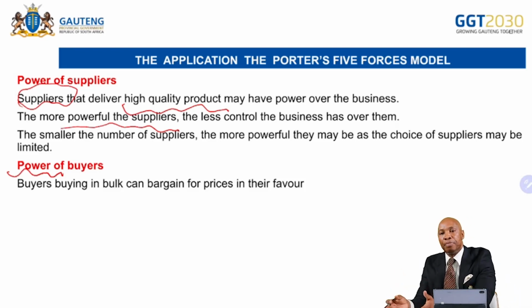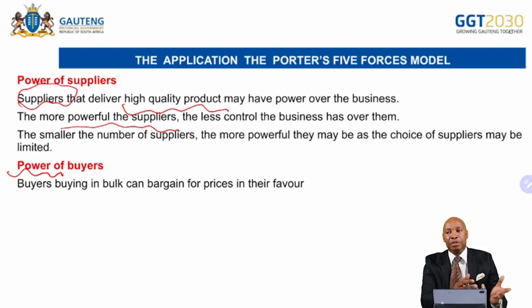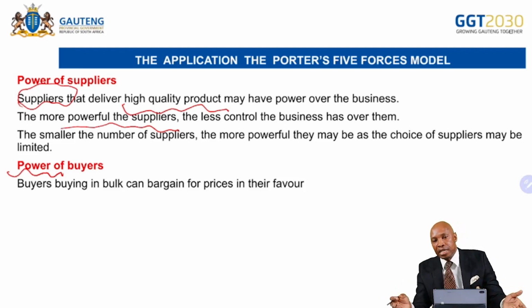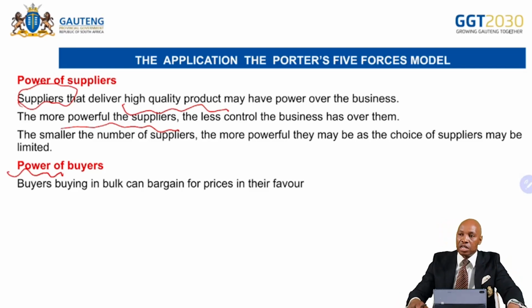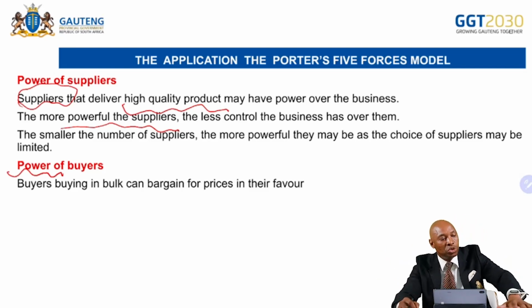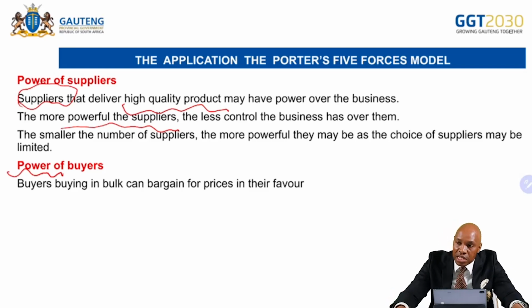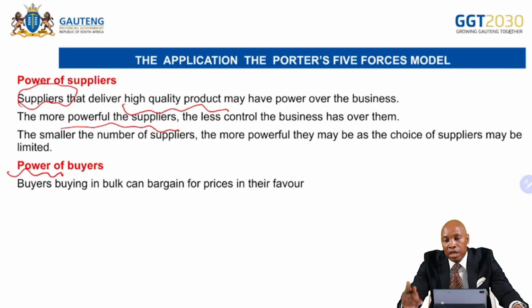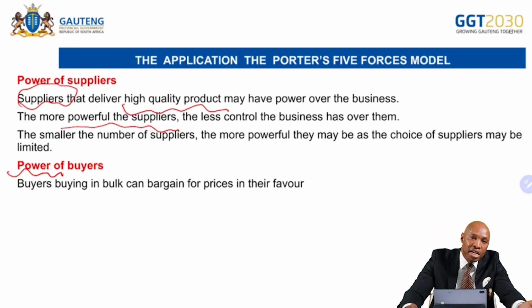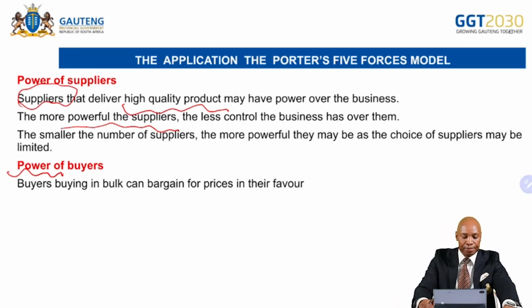If you are owning a business, like the business that I've made mention of, Simpure Manufacturers, and it goes to a particular supplier to buy raw material in bulk, the business has power to influence the price, to bargain for better prices in their favor, to say, supplier X and Y, if I buy all your items and you reduce them by this percentage, I can buy more than that. So who has the power here is the buyer.